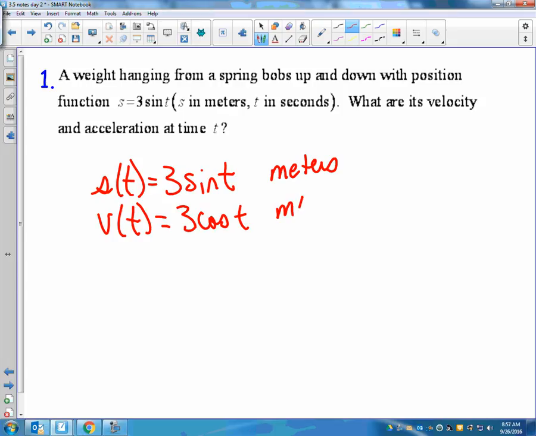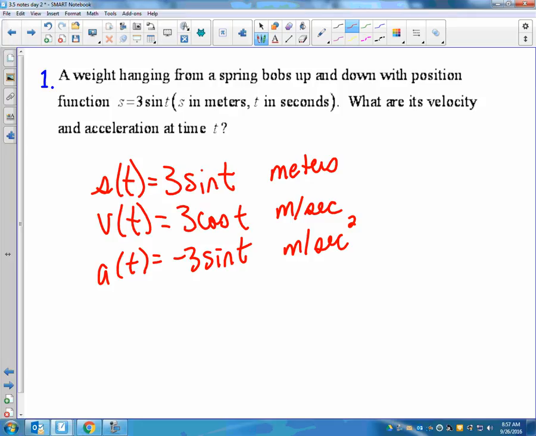So this would be meters per second. And Christy, what would the acceleration be? Meters per second squared. And again, I do this, but you could just say s prime, s double prime, or you could say v prime here, right? Those all kind of mean the same thing.